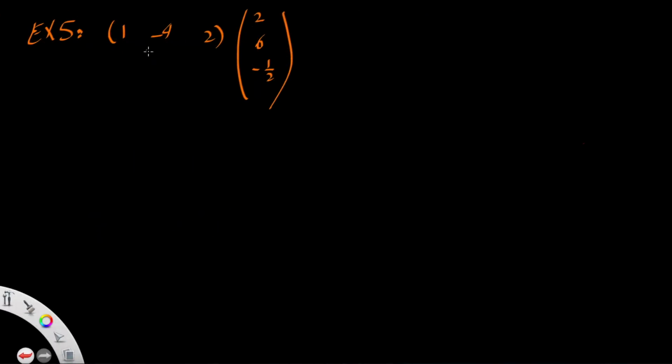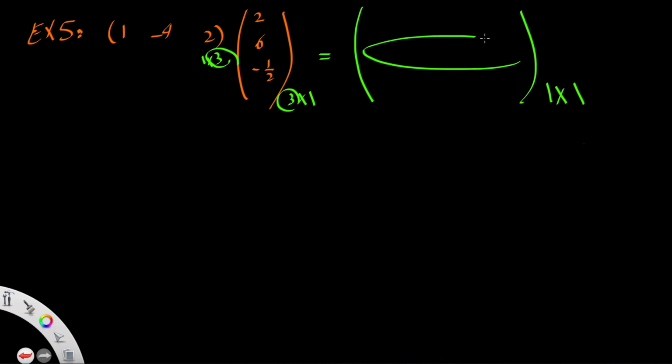Now, another multiplication: you have a 1 by 3 matrix and a 3 by 1 matrix. These two integer numbers are the same, the number of columns and the number of rows. So you will have a 1 by 1 matrix including just one unique element. Now, this is in the first row and first column. So first row and first column elements are correspondingly multiplied.